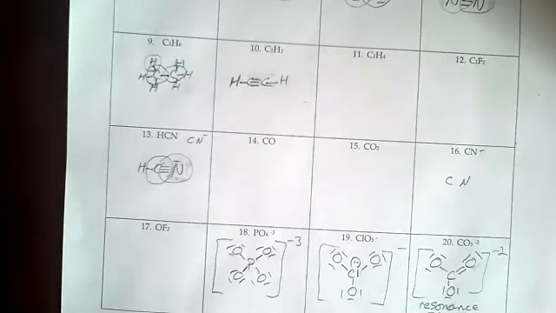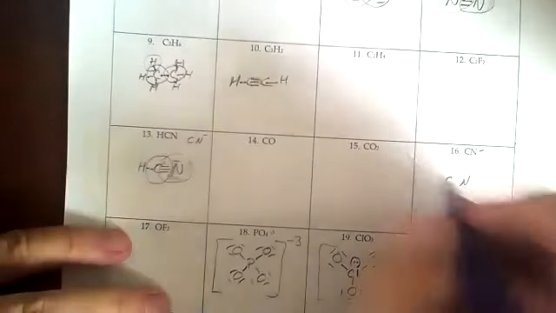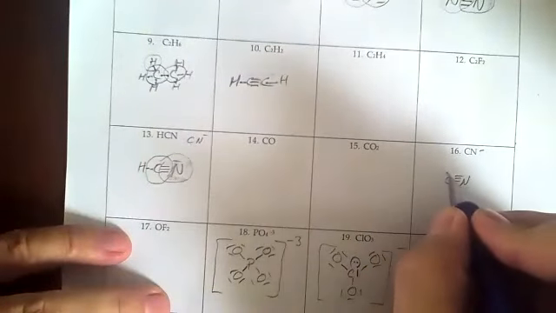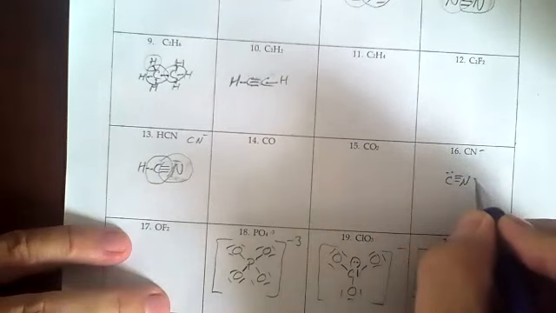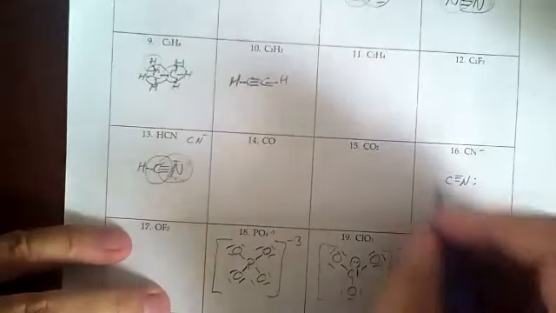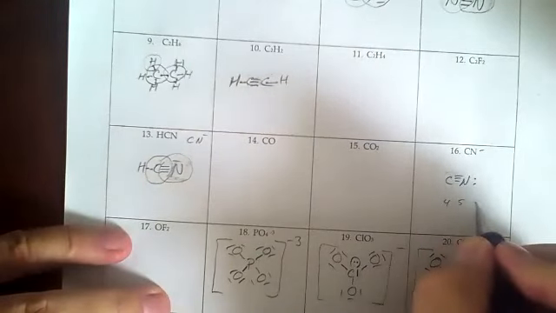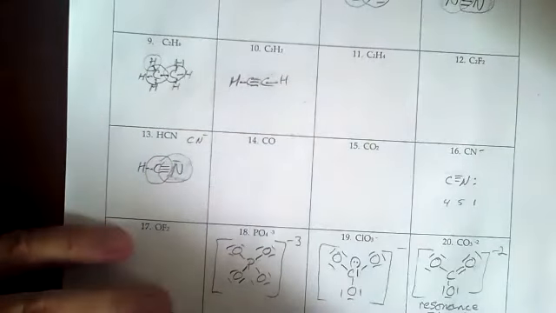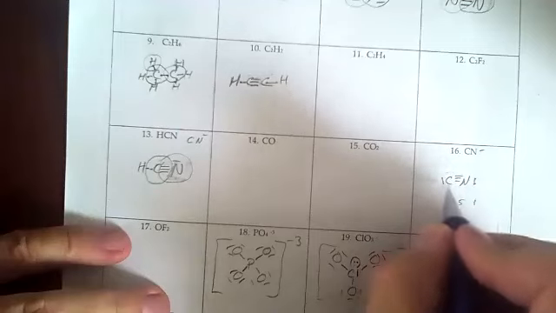But remember, electrons are negative, so -1 means you get an extra 1. So what you get is a 4 and a 5 and 1 extra, which is 10. 2, 4, 6, 8, 10. So it's this without the H.